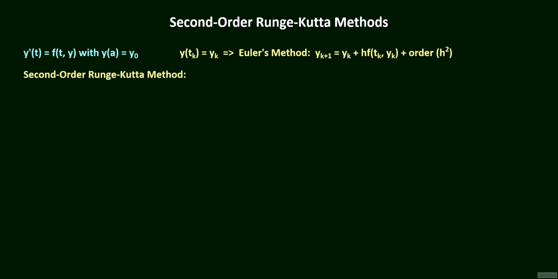Second-order Runge-Kutta methods assume that y_{k+1} = y_k + α h f(t_k, y_k).